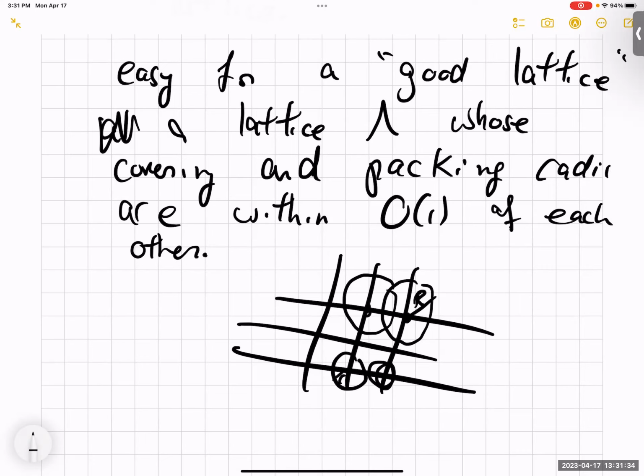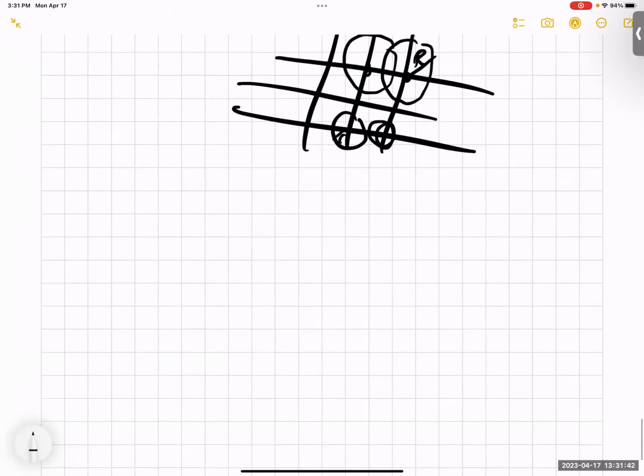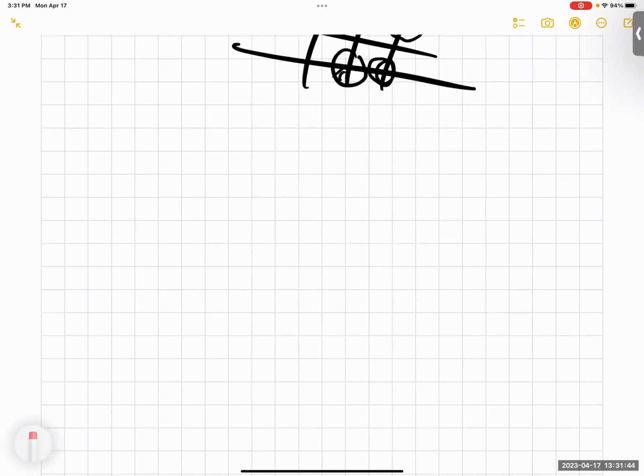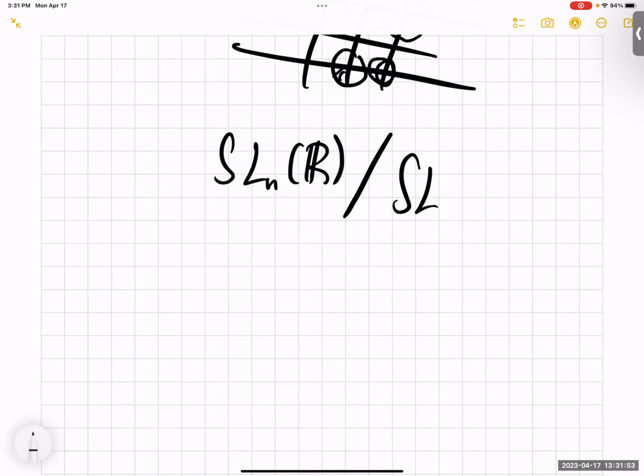But this is not what happens for a typical lattice. Rogers proved in the 50s that such lattices exist. There are other proofs, but really the space of all lattices can be identified with SL_n(R) modulo SL_n(Z).